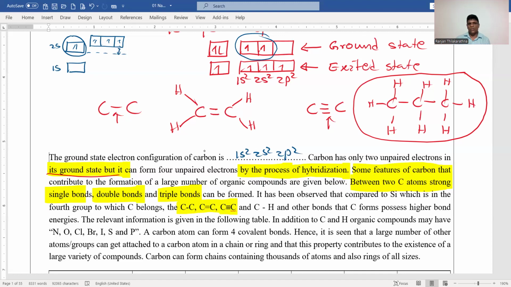This ethylene molecule is known as the monomer of that polymer, polyethylene.